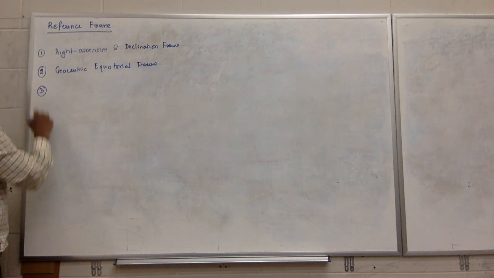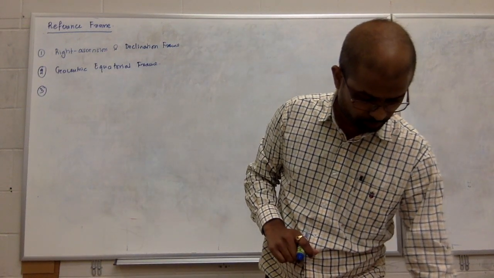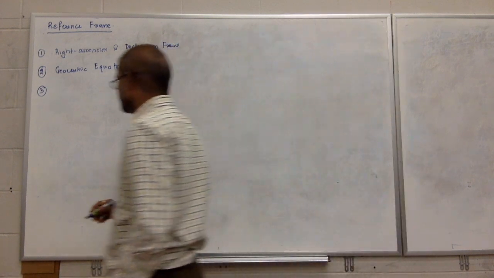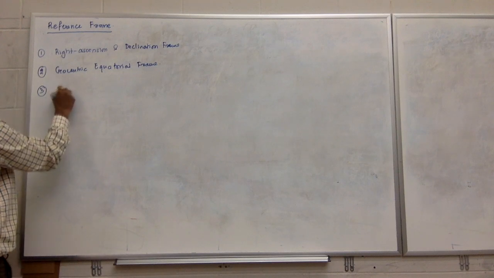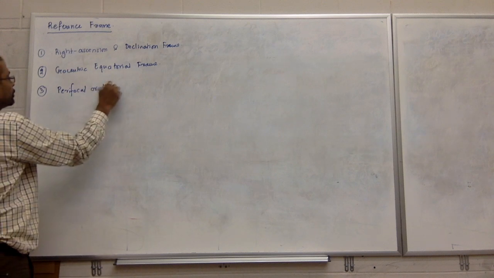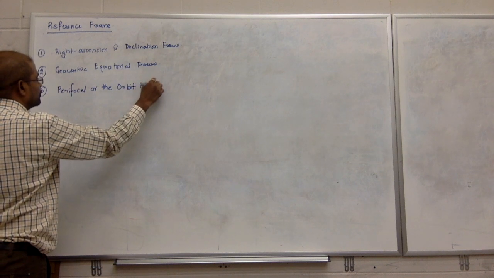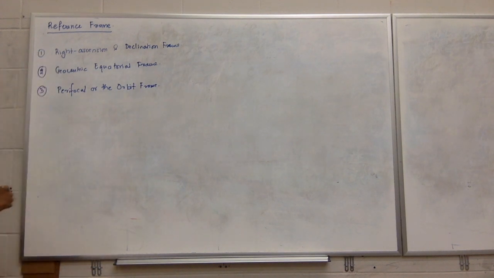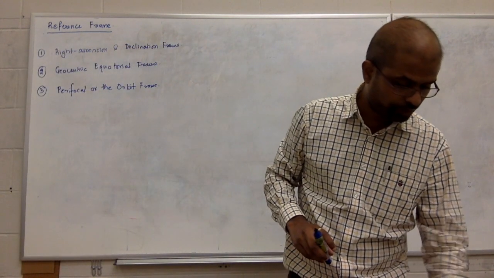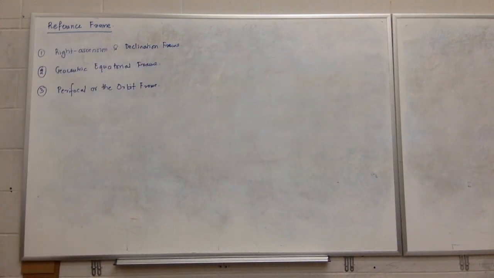And the third one is the perifocal, or the orbit frame. Okay. So, the right ascension declination frame. You can refer to table or figure 4.3. Let me see if I can pull it up here.